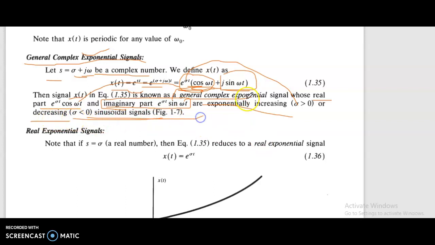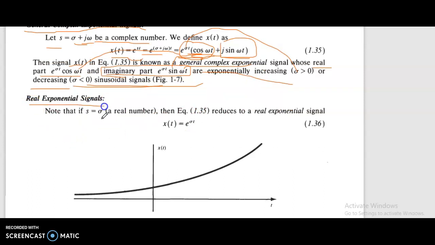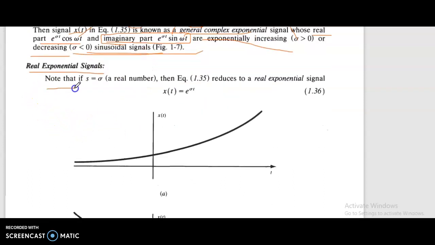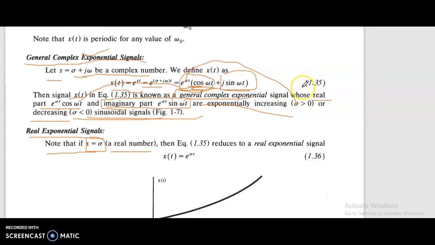Sinusoidal signals, figure 1.7, real exponential signals. Note that if s equal to sigma, a real number, then equation 1.35 reduces to the real exponential signal x of t equal to e power sigma t.